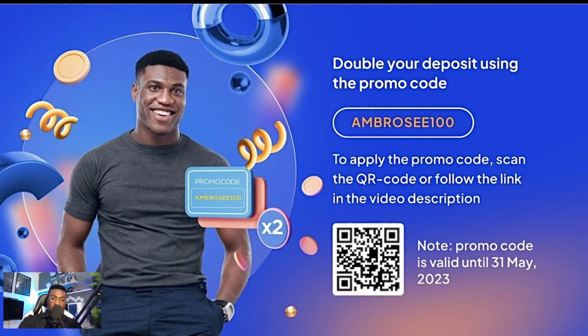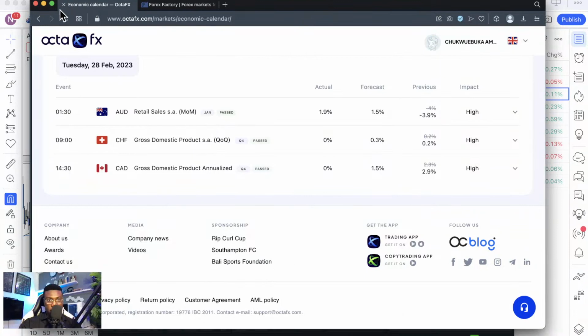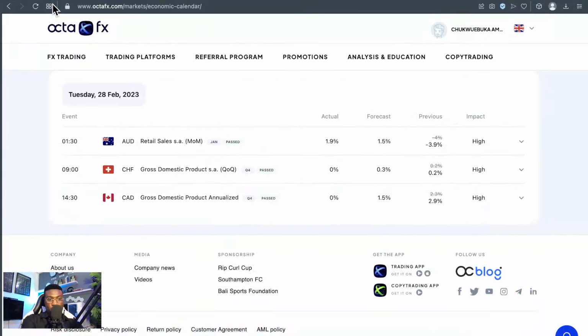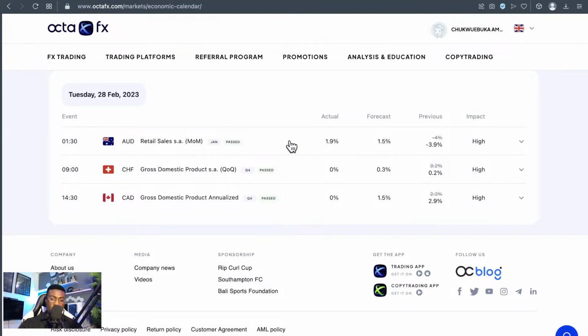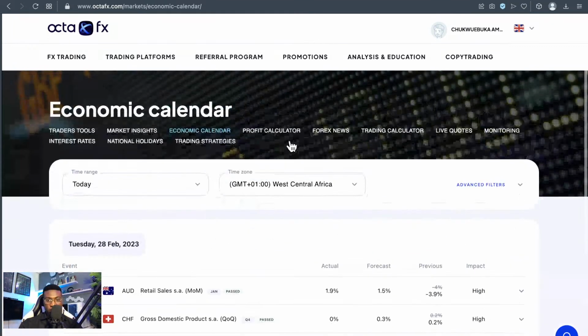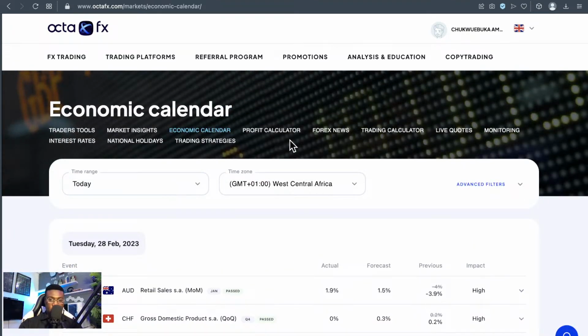We're just going to go straight into the economic events, the news as usual, because we want to understand what has happened and what economic events will be released, so that we can identify the long-term direction of the market and stay updated with what's going on economically in a country, how it's going to affect the domestic currency of that country, and also do a relative comparison to other currencies.